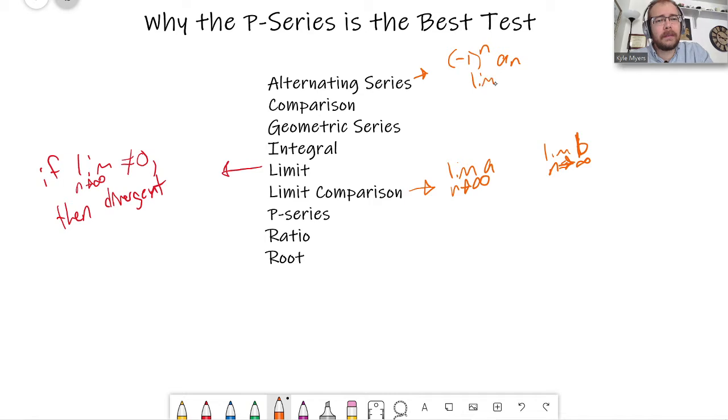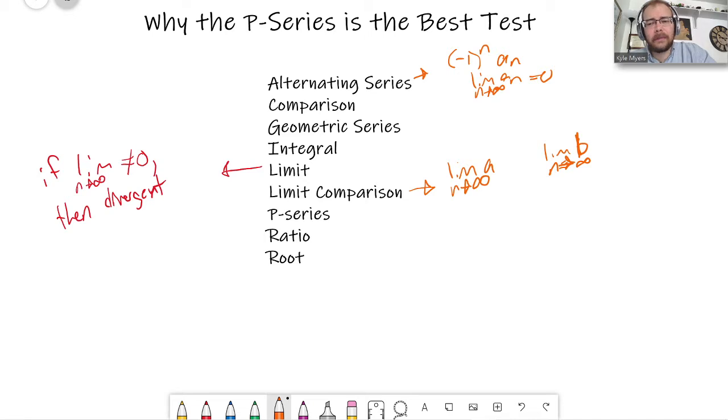If the limit of A_n is 0, then it converges because of that little -1 to the n power thing. And if not, then it doesn't. So alternating series is actually kind of useful, but irrelevant whenever we look at how awesome P-series is.